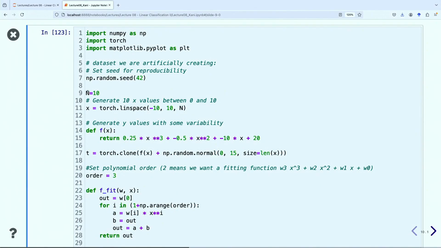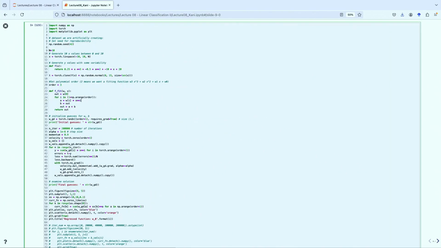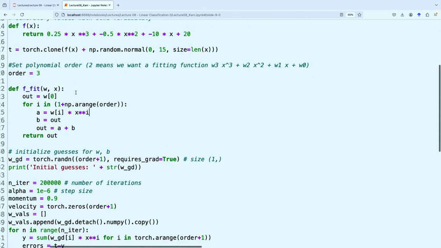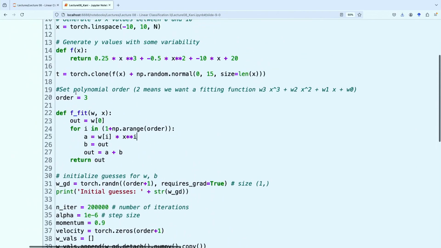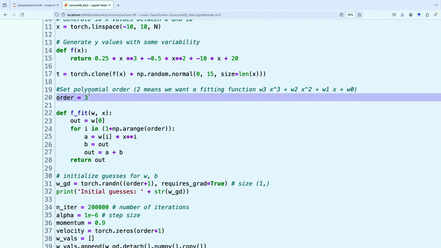This is, again, just to generate the synthetic data right here. So let's define a particular order. Let's say order 3, which means that we have all polynomials up to and including x cubed.